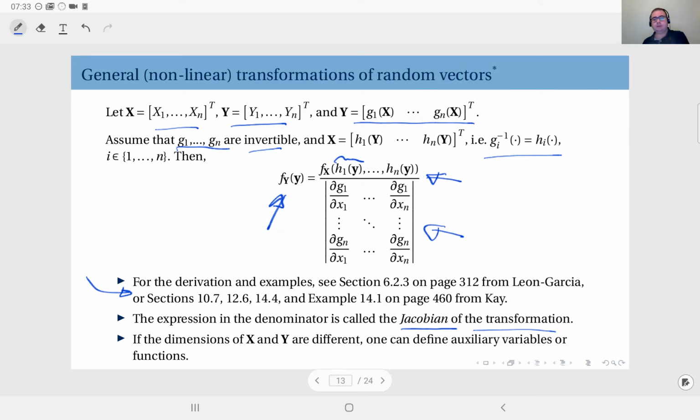In the second row, you have the derivative of g2 with respect to x1, x2, x3, etc., and so on. Again, as I said, if the dimensions of x and y are different, you can define auxiliary variables or functions in this case to obtain the joint distribution of y. This is in general how you obtain the density of a transformed random vector. But in the general sense, we will in this course deal with linear transformations only.